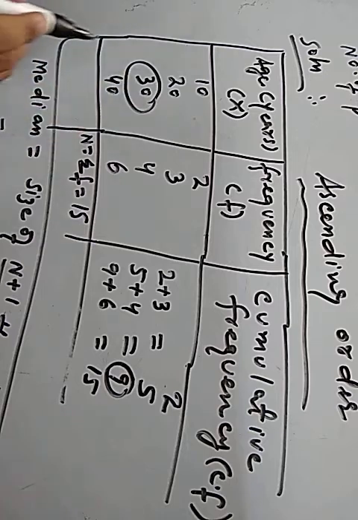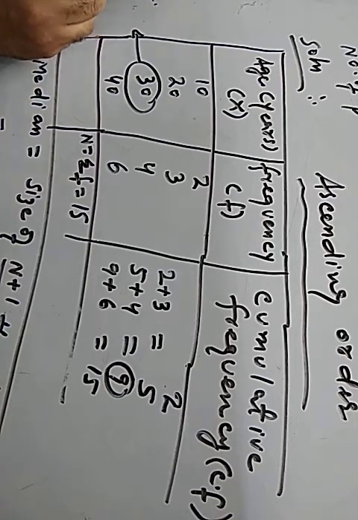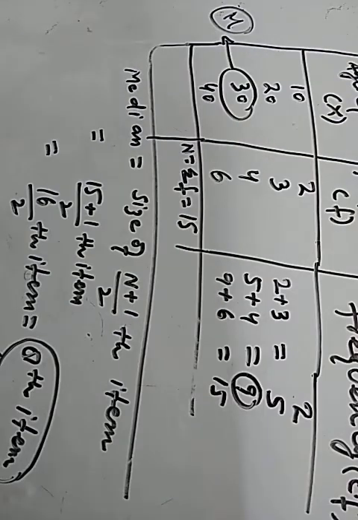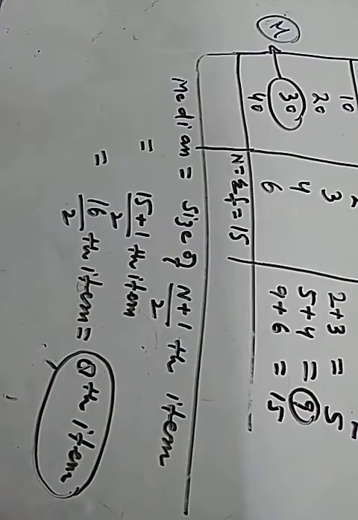Therefore, median is 30 years. This is the value of median. Therefore, we can write the value of median equal to 30 years.